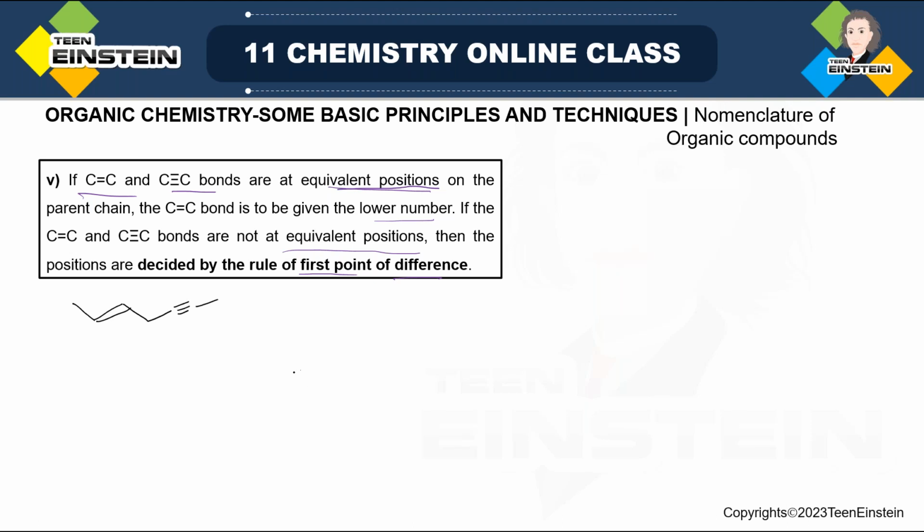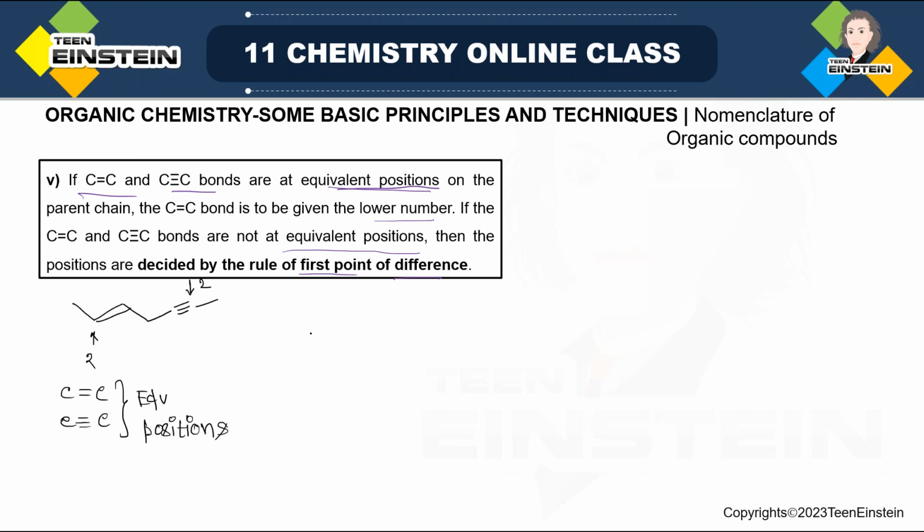Triple bond. So this is the molecule where, if you are moving from the left hand side, the double bond is getting number 2. If you are moving from the right hand side, the triple bond is also getting number 2. That means the CC double bond and CC triple bond are present at equivalent positions, right?